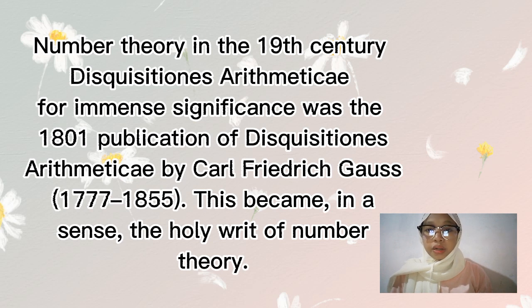In it, Gauss organized and summarized much of the work of his predecessors before moving boldly to the frontier of research, observing that the problem of resolving composite numbers into prime factors is one of the most important and useful in arithmetic.